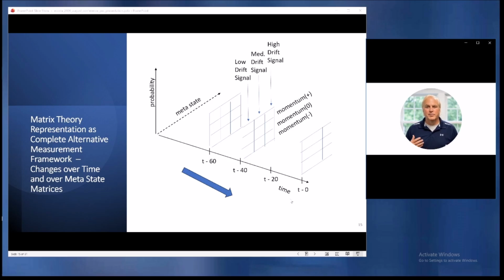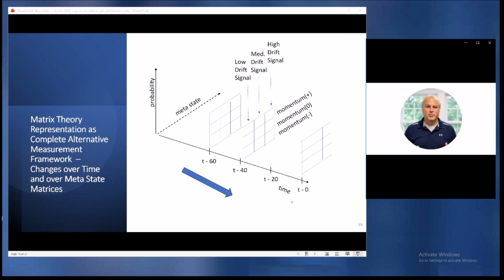We can do this by rearranging our matrices into signal level and momentum for 3 contiguous time points. We have low signal with 3 columns of momentum, medium signal with 3 columns of momentum, and high signal with 3 columns of momentum. Given our data, we therefore have 2 sets of matrices and can measure change from t minus 20 to t minus 0 in the time direction by signal level.